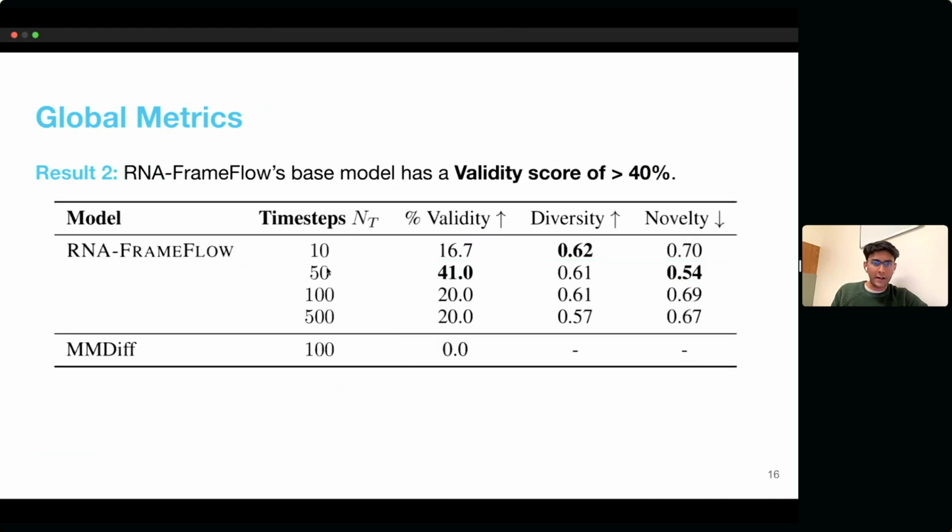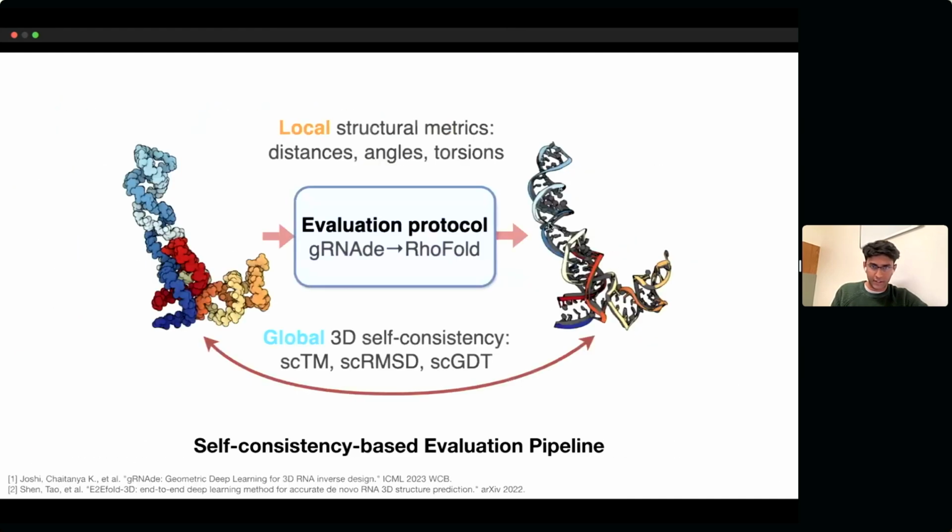So how exactly are we measuring this SCTM? I want to go back to this global flow chart that we have. You have our generated backbone, and we pass it through this pipeline where we inverse fold the backbone to get the ACUG sequence. Then we pass it through this model called RhoFold, also called E2Efold recently. There was a name change. And that allows you to do structure prediction on top of that generated sequence.